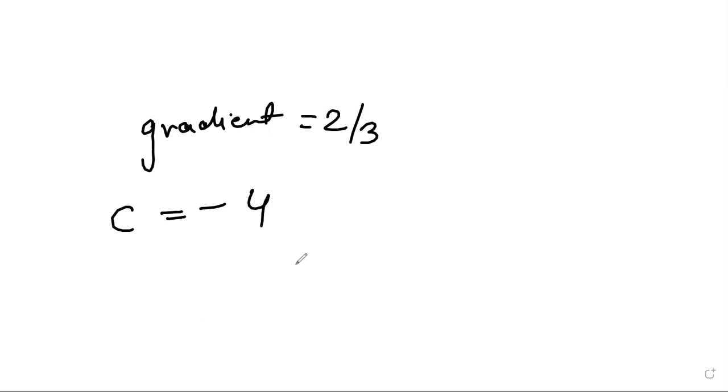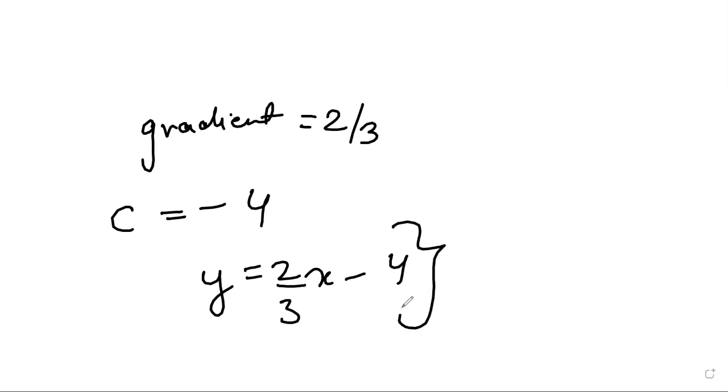Then how will you calculate the equation of a straight line? y is equal to mx plus c. Now what is m here? So y is equal to 2 upon 3 x minus 4. This is your equation of a straight line. You can solve it further to get your answer.